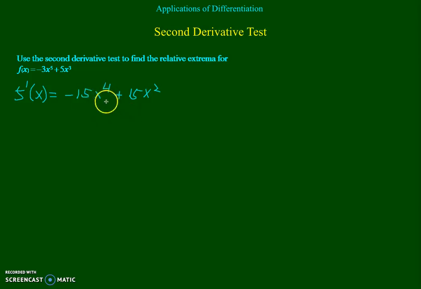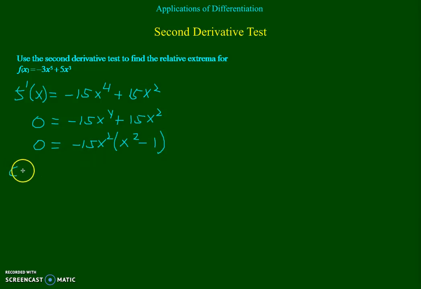Now, a peculiarity of the second derivative test is that we have to use the critical numbers from the first derivative as our inputs into the second derivative. So we've got to find the critical numbers for this. So we set the first derivative equal to 0 and find our critical numbers. We're going to go ahead and factor out a negative 15x squared here, which gives us x squared minus 1.